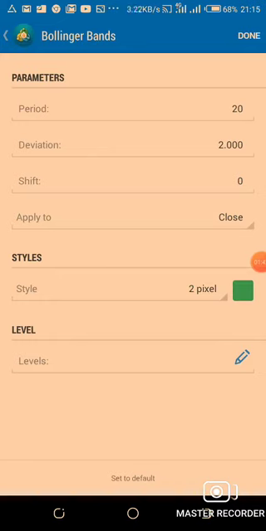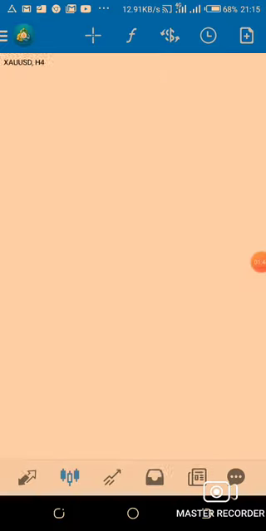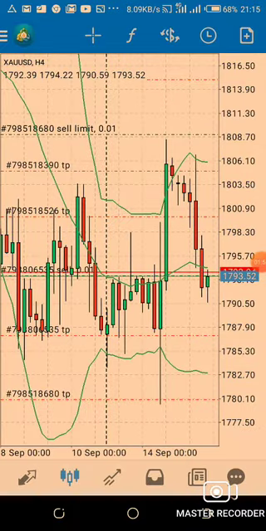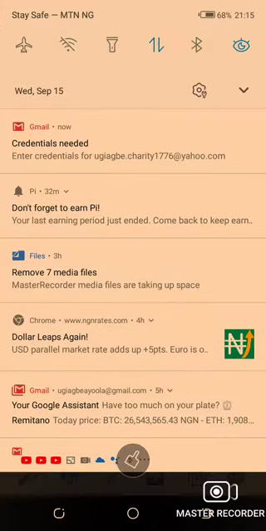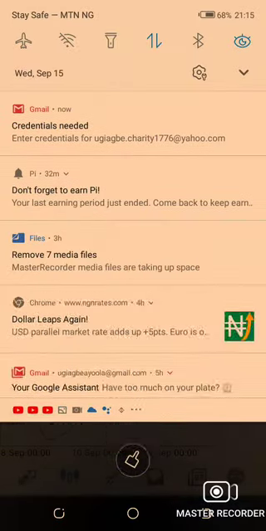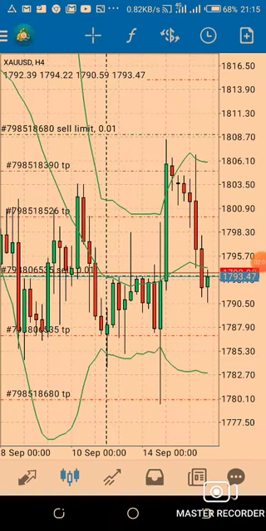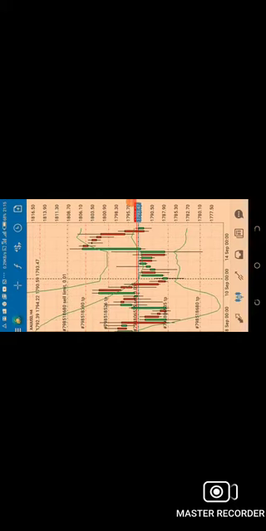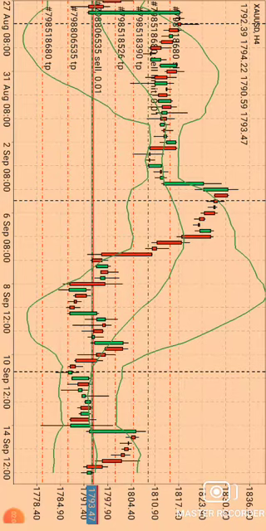It's the default setting and click done. Yeah, I'll put my phone on landscape so that we can see the market very clearly. Is that okay? My phone is on landscape now.